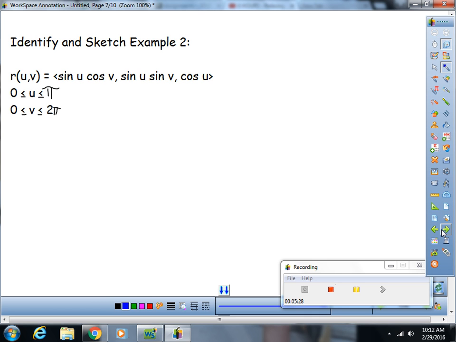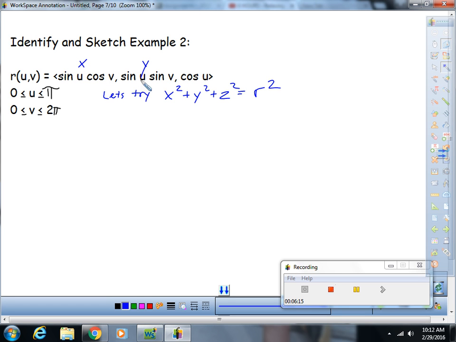Okay, so let's try to remember that x squared plus y squared plus z squared is equal to r squared. Well, x is equal to sine of u cosine v, y is equal to sine of u sine of v, and z is equal to cosine of u.